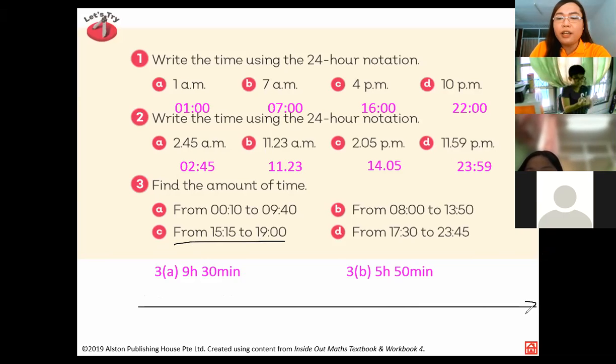Again, let's draw the number line. Here, 15, 16, 17, 18, and 19.